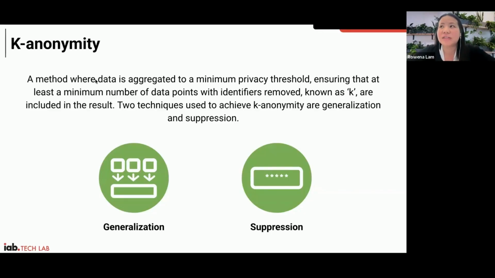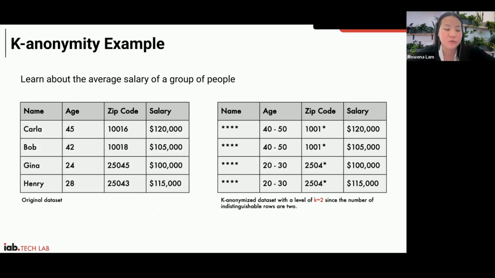I always find it helpful to walk through an example to better understand these PETs. I'm going to do kind of an academic example. It's not necessarily specific to our industry, but let's say you're trying to understand the average salary of a group of people.